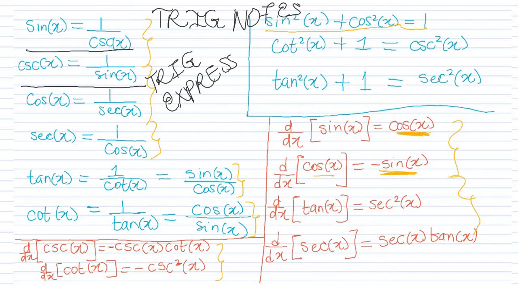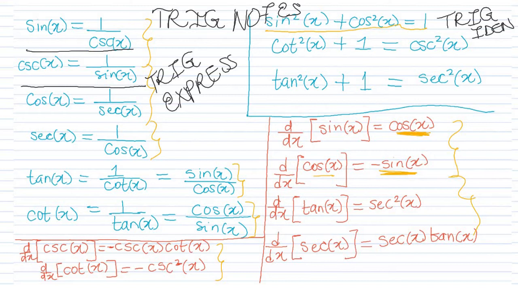On the right hand side at the top, everything in blue shows trig identities. So anytime you think of trig identities, think of trig functions that have squares and how they relate to one another, like sine square x plus cosine square x equals 1.